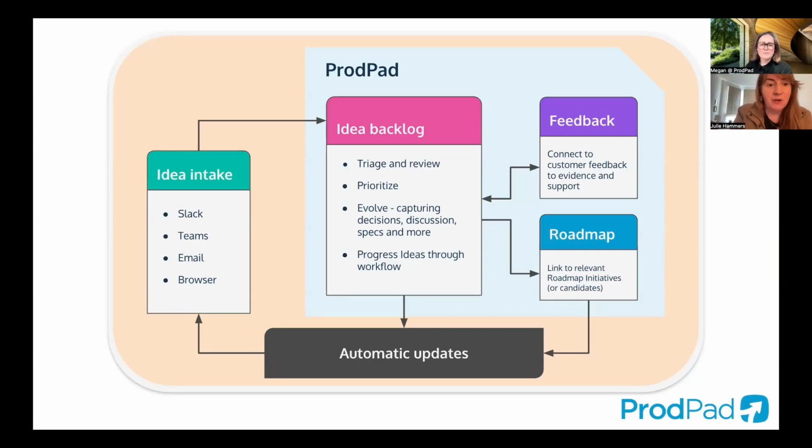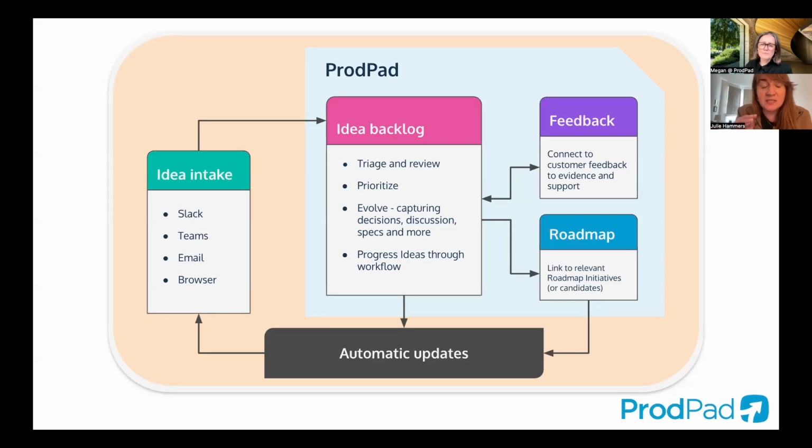And that's where you'll prioritize everything that comes in and evolve the discussion. You'll want to poke holes on things and get clarity and verify the ideas as they come in. And then those ideas will go through your workflow. And we'll talk more about what the idea workflow will be once you've triaged it into your backlog.